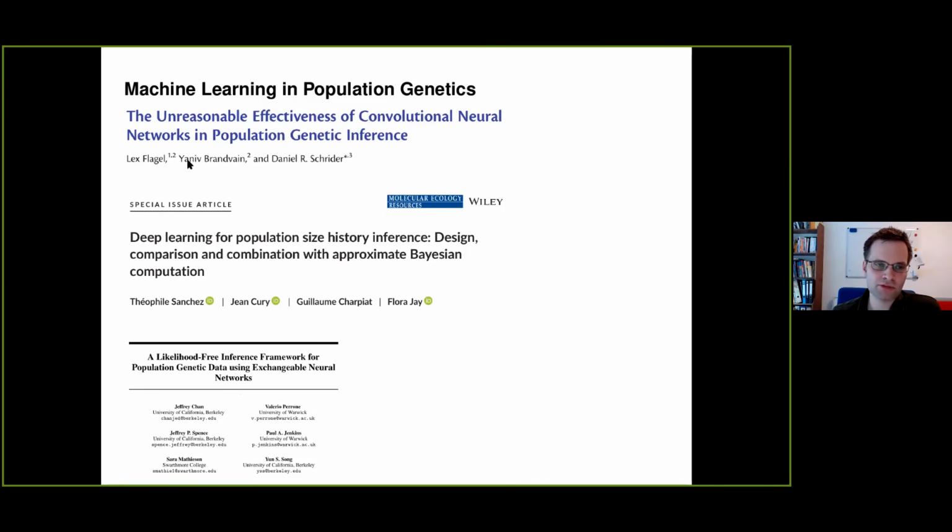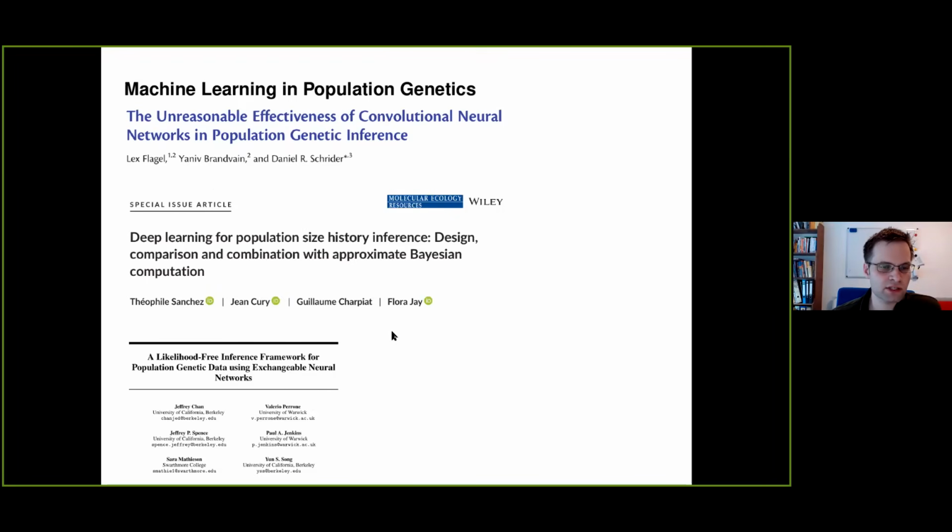But the convolutional neural network, of course, in this study at least, depends on this sorting and produces different results. And thus, in this study here, an exchangeable neural network framework is suggested, where the exchangeability of neural networks is really important for population genetic data, as we usually do not rely on that.